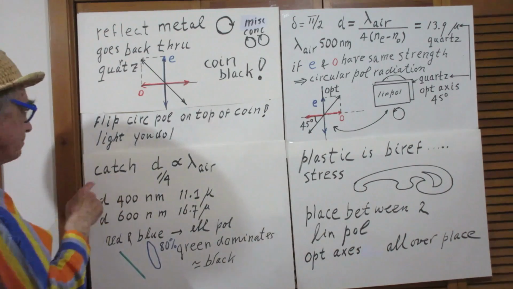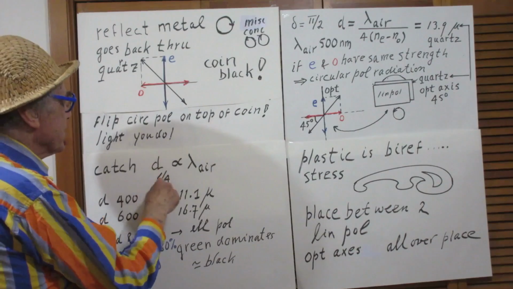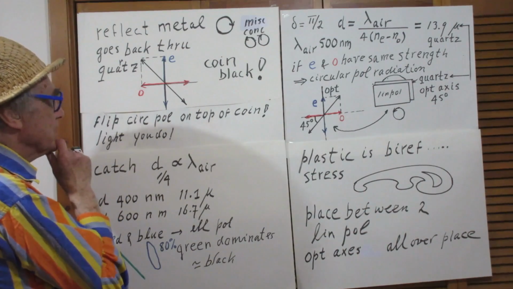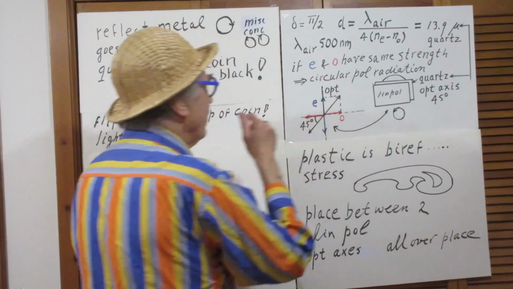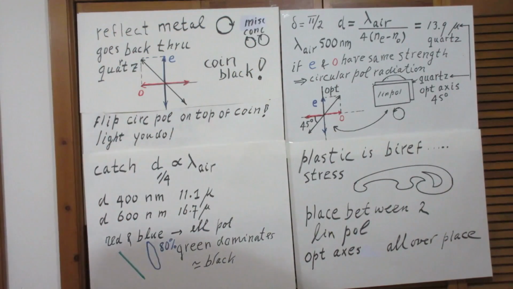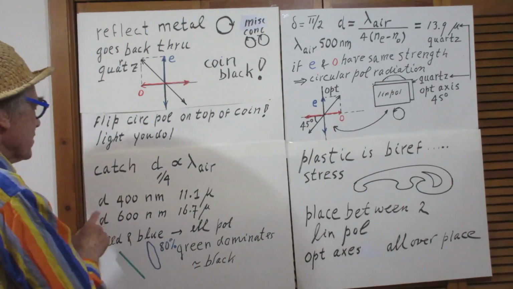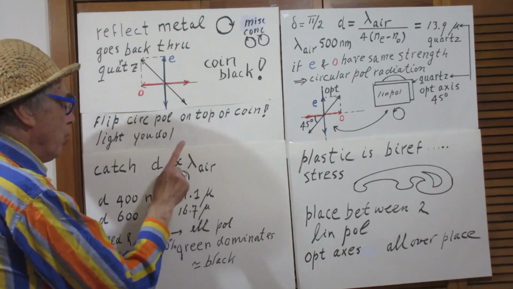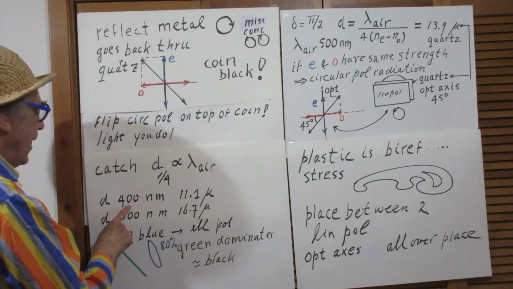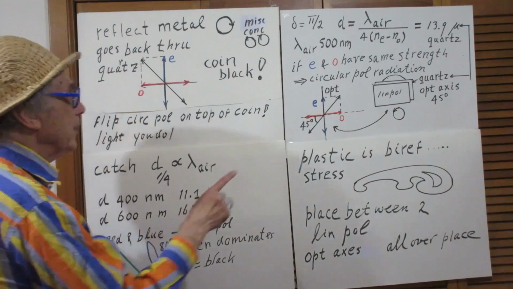There is one catch. And the catch is that the quarter wave plate thickness that we calculated, we used for green light, lambda of 500 nanometers. But if my light source has also blue light and red light, then the thickness for it to be a quarter wave plate would be 11.1 microns for the 400 nanometers and 16.7 for the 600 nanometers.